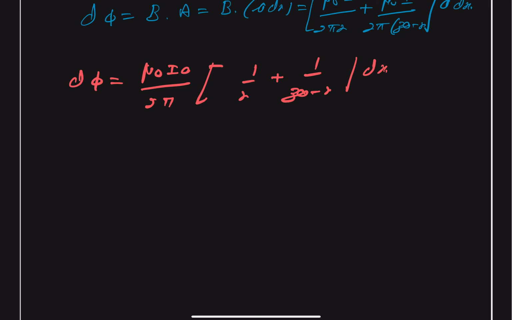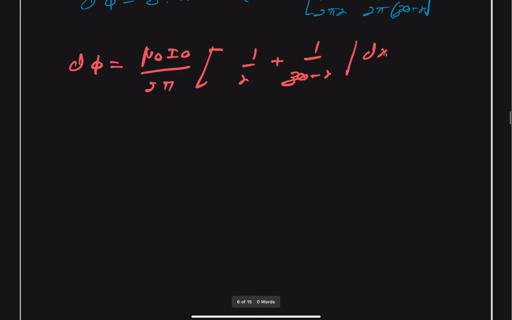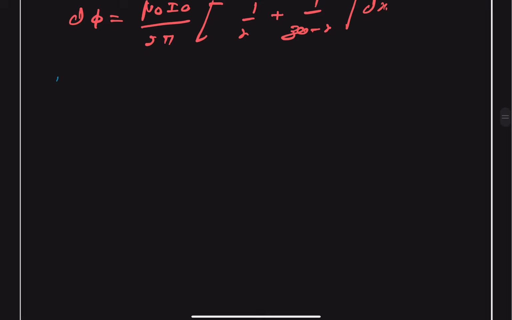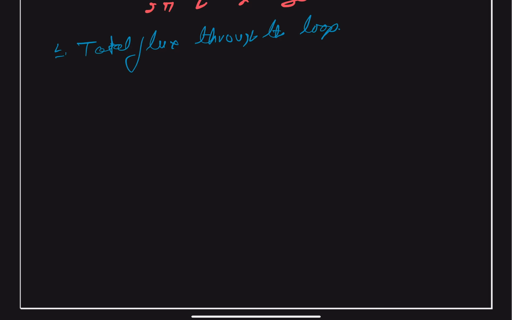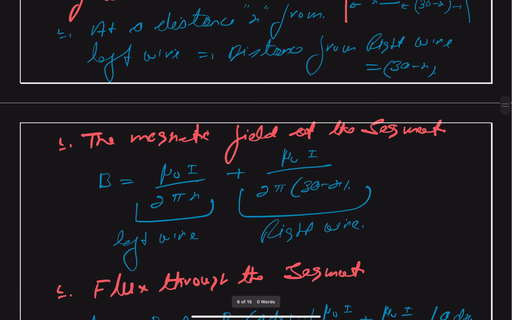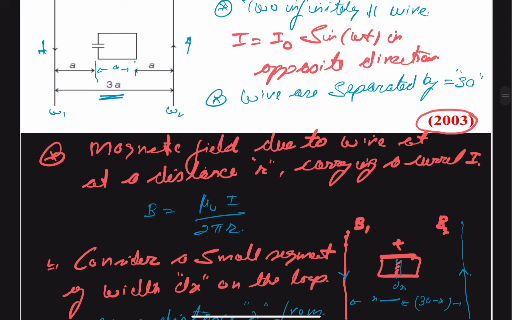Now we can find out the total flux through the loop, and the loop extends from x from a to 2a. So this is our a and this is our 2a.